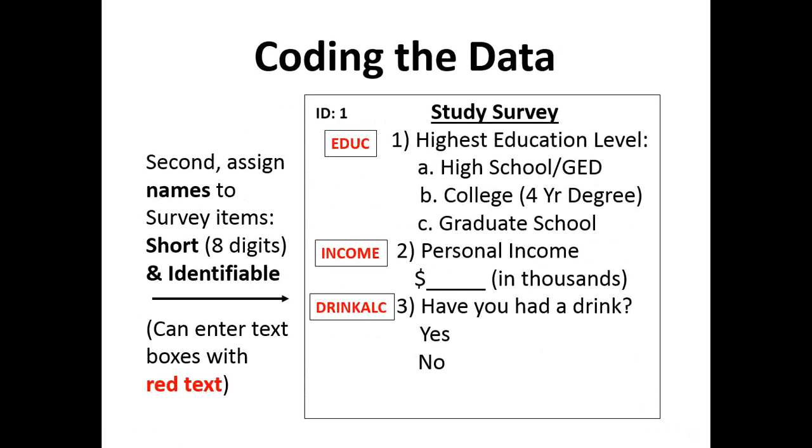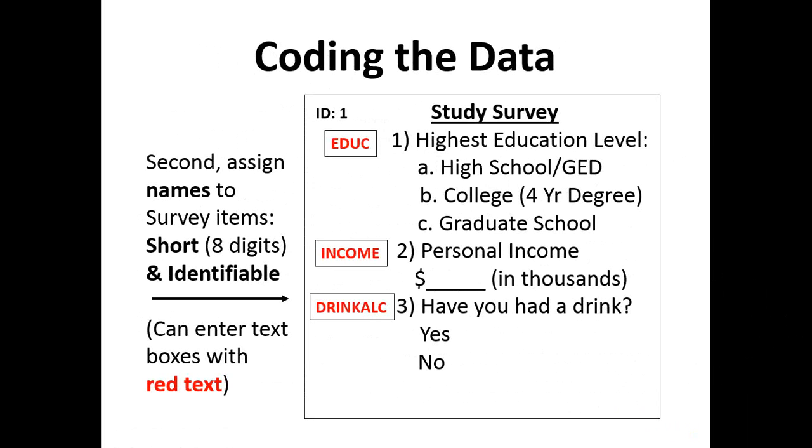So the first thing we do is we give names to the survey items, right? So they should be short, about 8 characters or less would be great, and identifiable. So you can see for the first one, ID is usually ID within the database, so that's fine.